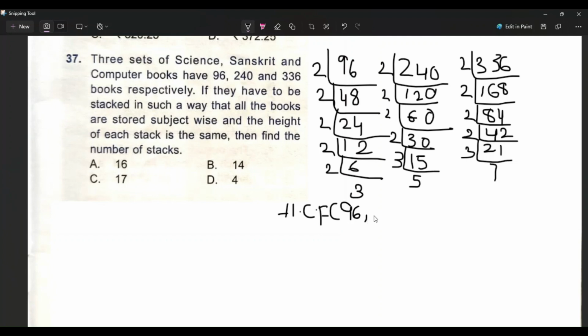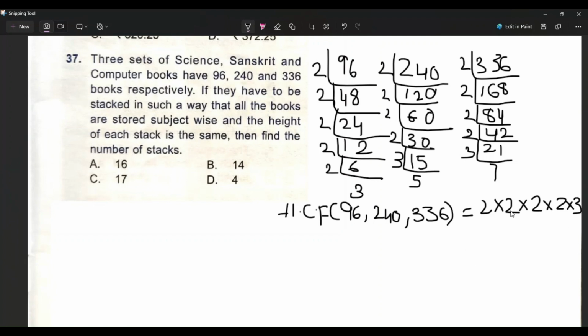Now the highest common factor of these three numbers, 96, 240 and 336, is equal to 2 2 2. 2 is common in all the three and one more 2, 4 2s and 3 into 3.